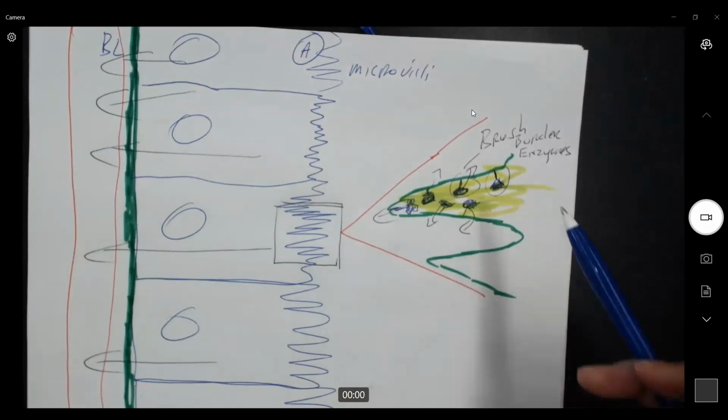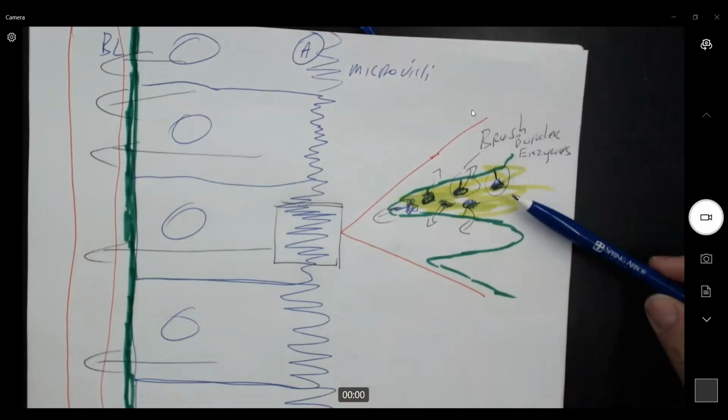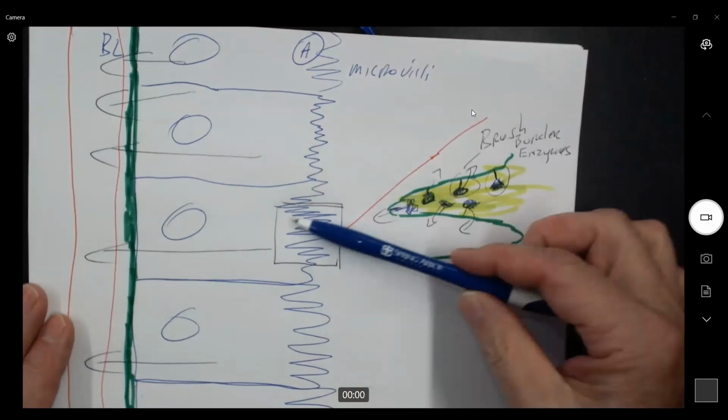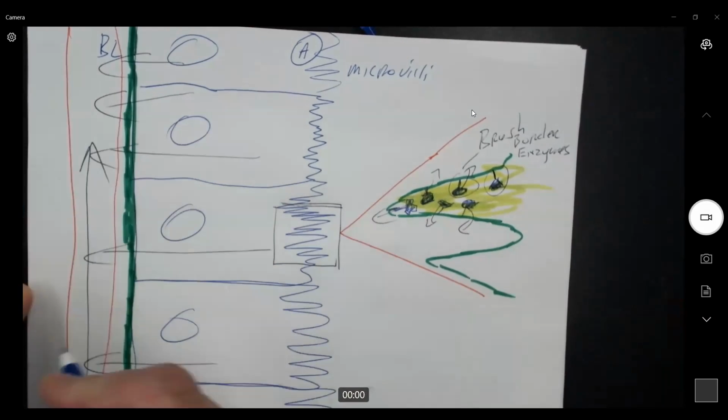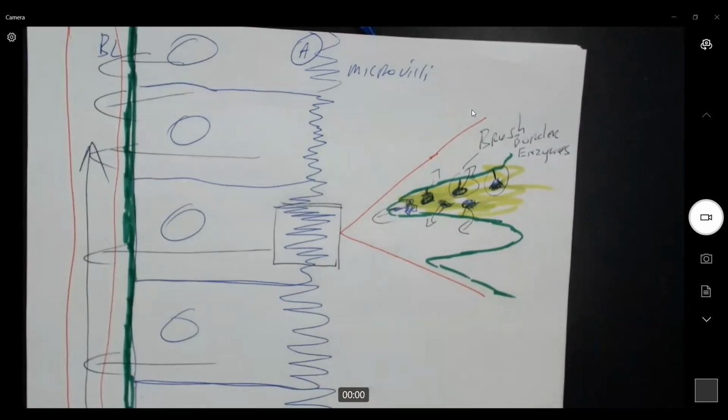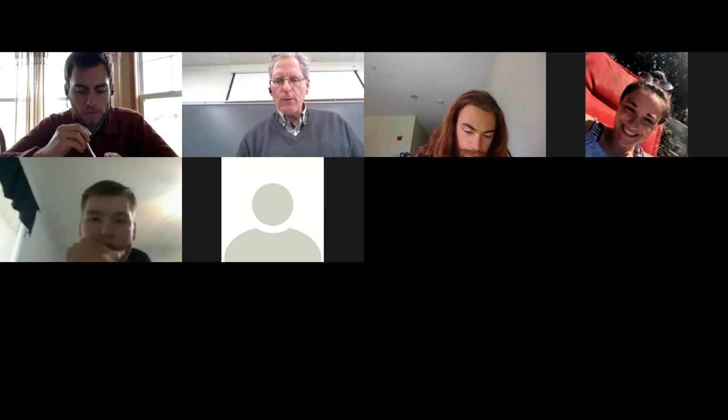Like that. So essentially we go from these macromolecules to monomers to enterocyte to blood and straight into the circulation. Very, very efficient system for absorption.